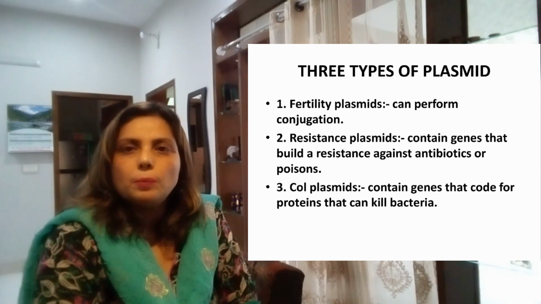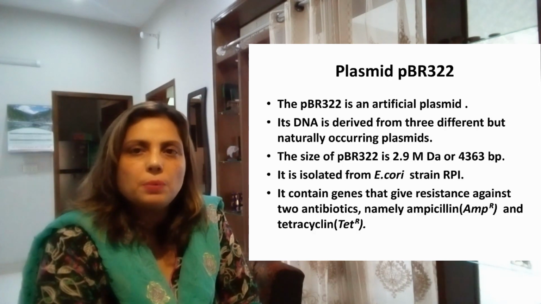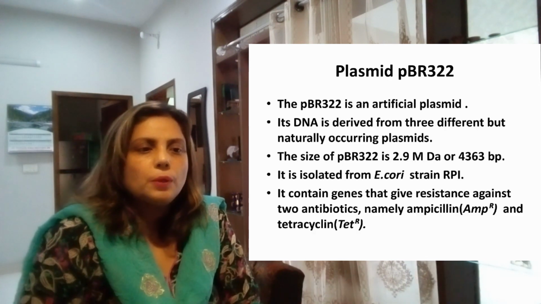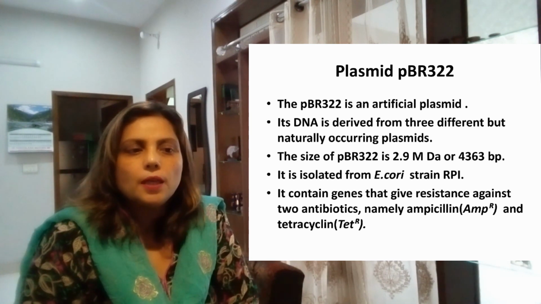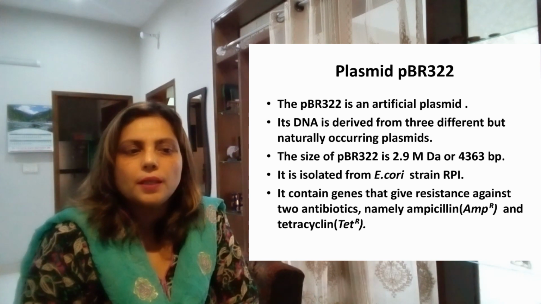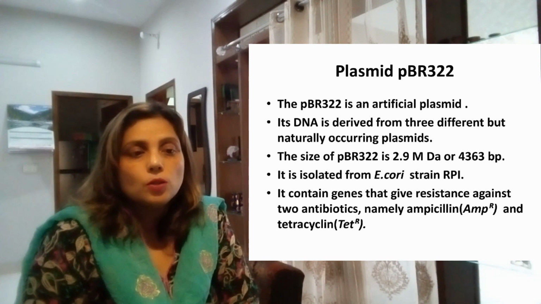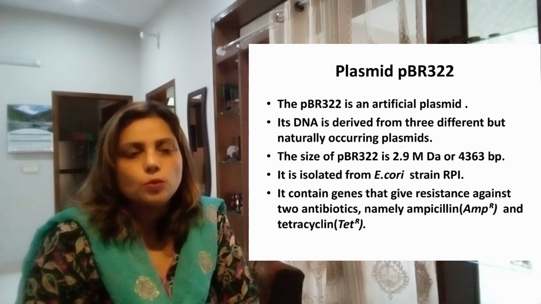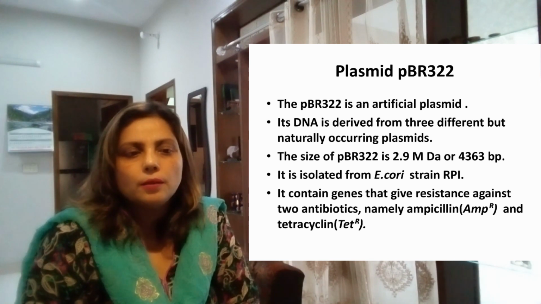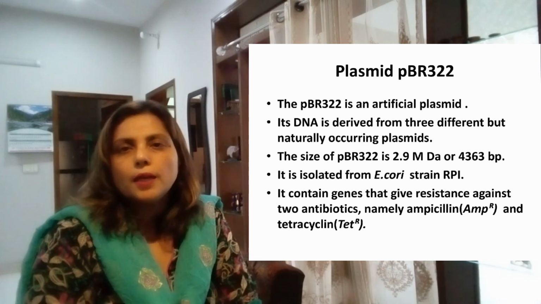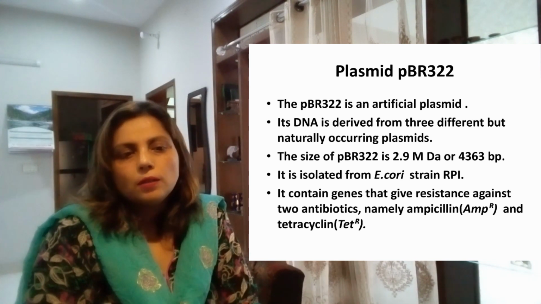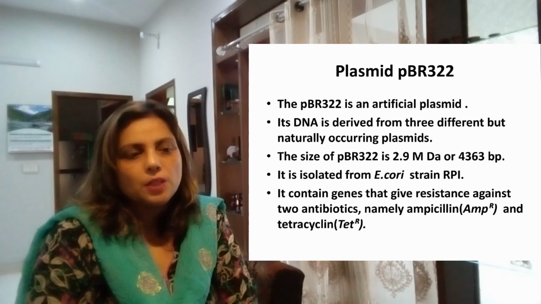One example of a plasmid is known as pBR322. The pBR322 is an artificial plasmid. Its DNA is derived from three different but naturally occurring plasmids. The size of pBR322 is 2.9 megadaltons, or 4363 base pairs.